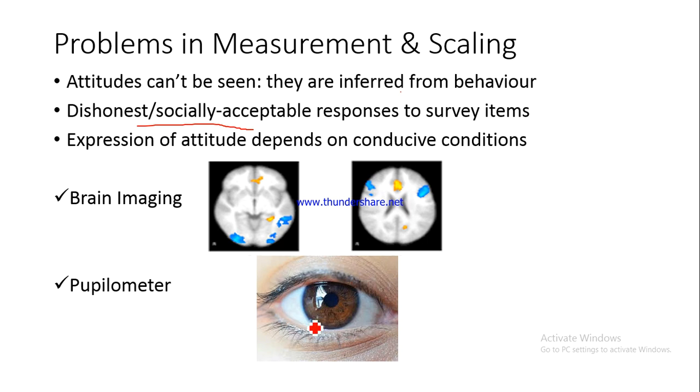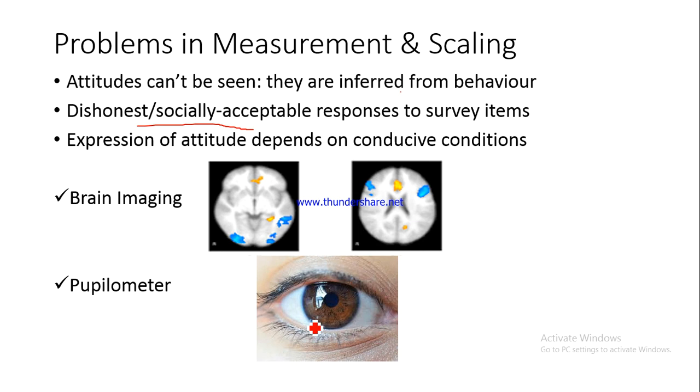So this part of your eye is known as pupil, and please understand, pupil expands when somebody is excited, and pupil contracts when somebody is not very excited. So if I want to find out whether some individual has a favorable attitude towards my product or not, what will I do?